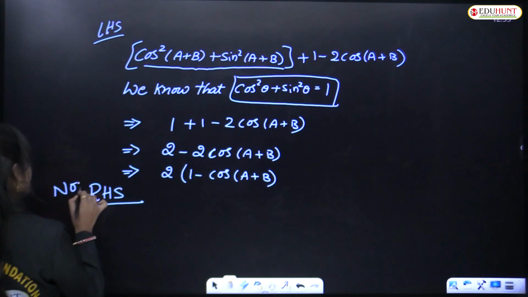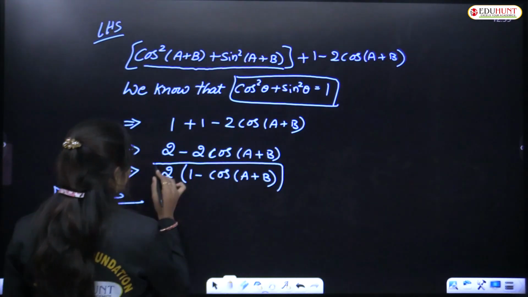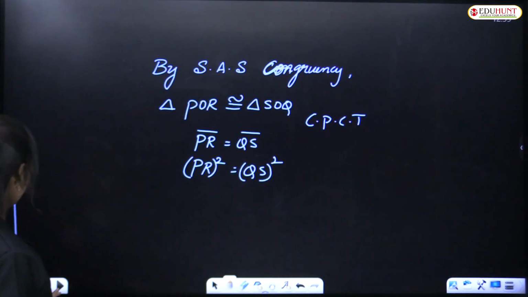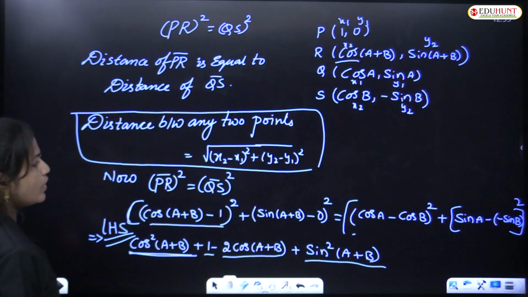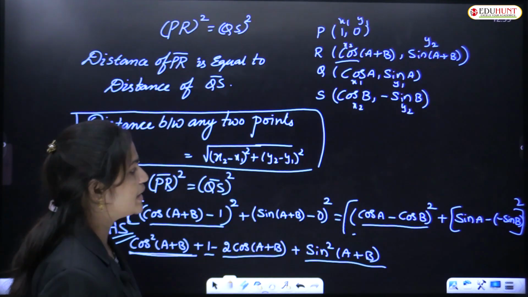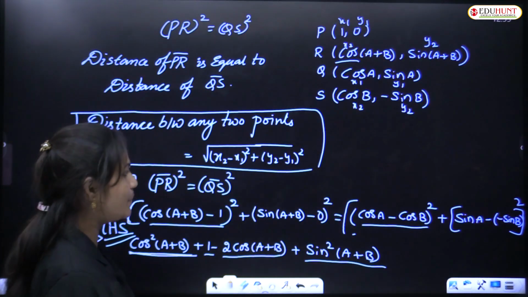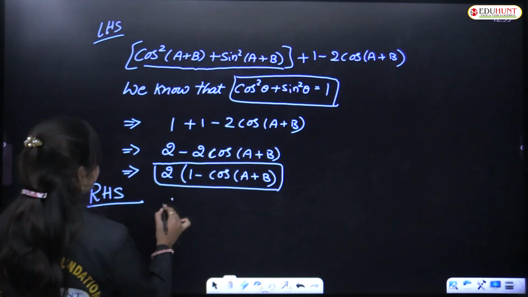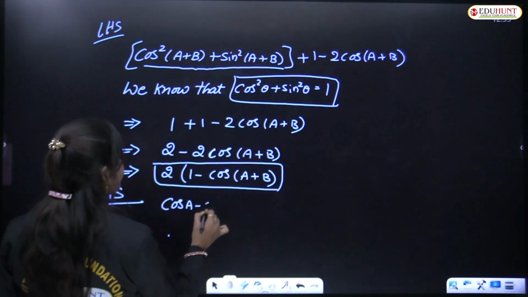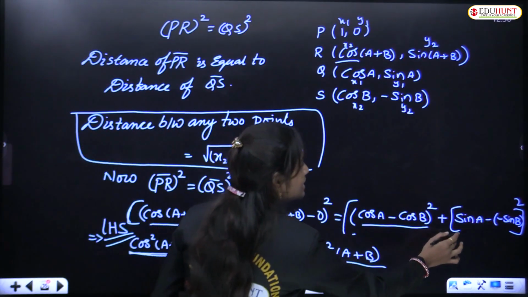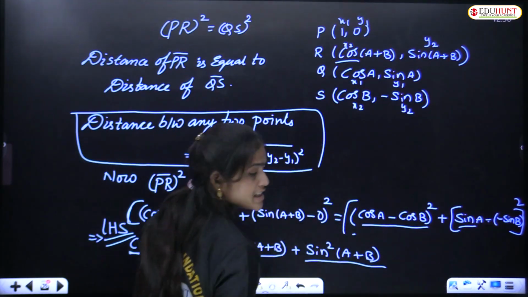Now RHS. Okay, so LHS we got this one. Now RHS value. So what is that RHS here? Cos A minus cos B whole square plus sin A minus of minus sin B whole square. So write that one, cos A minus cos B whole square. And here sin A minus into minus, that is a plus only, no?